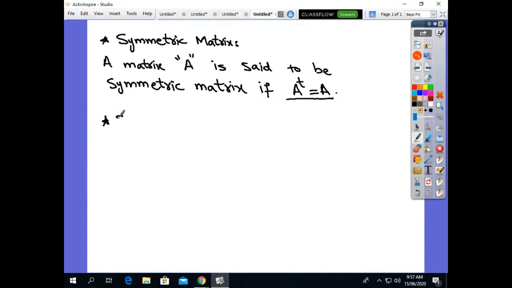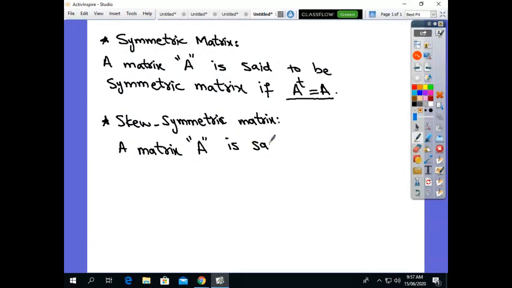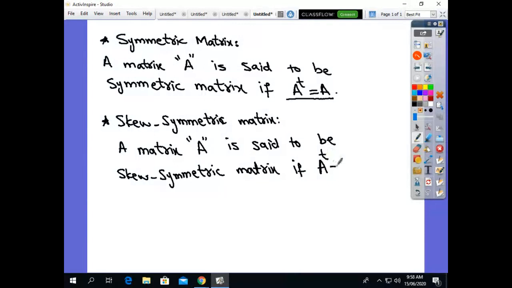Second definition is skew symmetric matrix. A matrix A is said to be skew symmetric matrix if transpose of matrix A is equal to negative of that matrix.